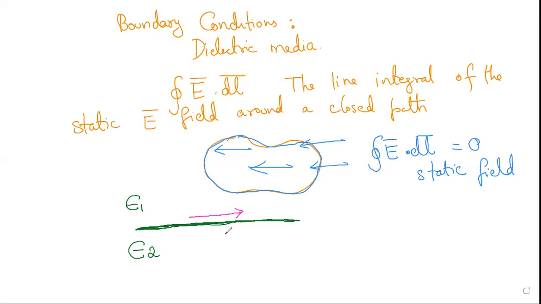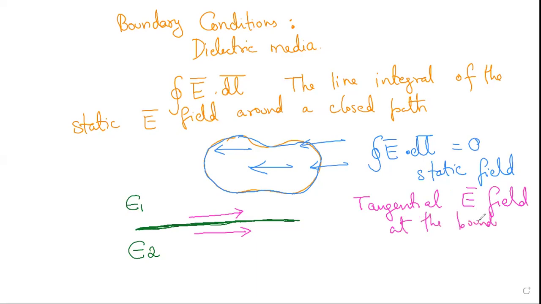I'm looking at two extreme conditions. One is tangent in this way, and the other one is normal. So let's look at the first case where you have a tangential electric field at the boundary of two dielectric media, of course.